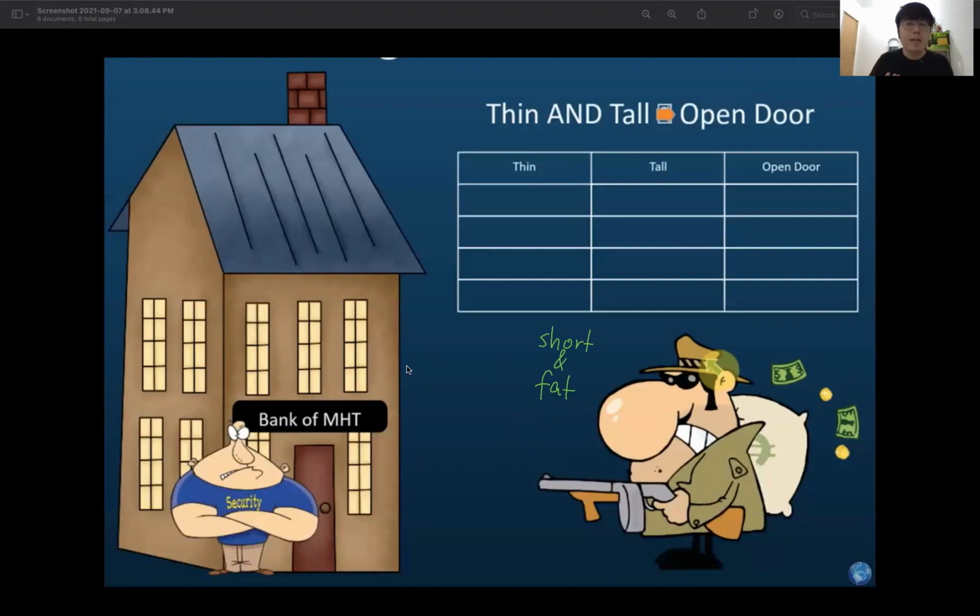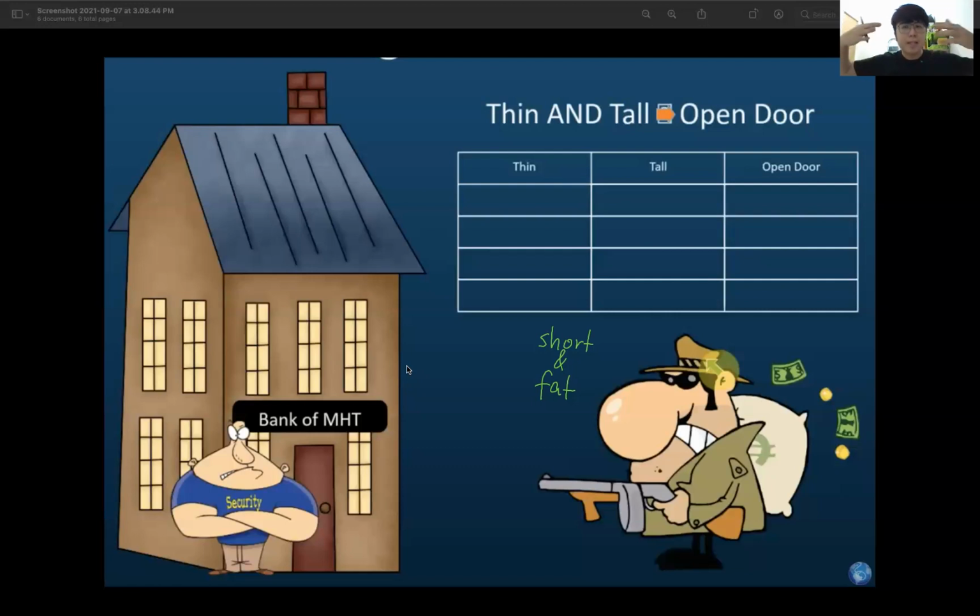So he has to make this judgment: based on the instruction, do I open the door for this guy? And then after he makes his judgment, the outcome is either to allow or not allow.